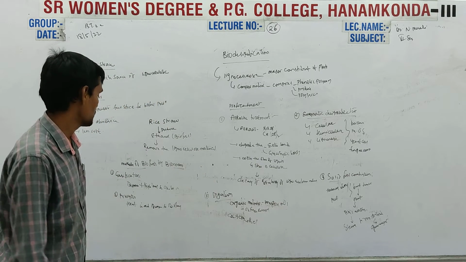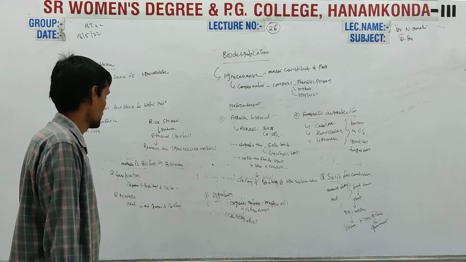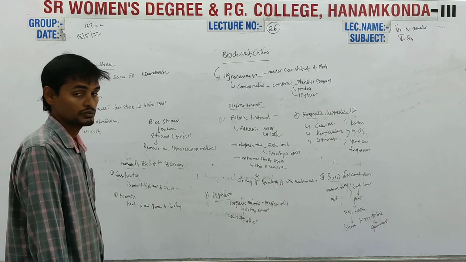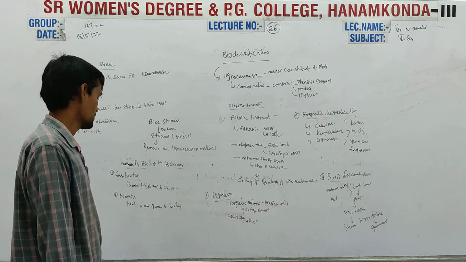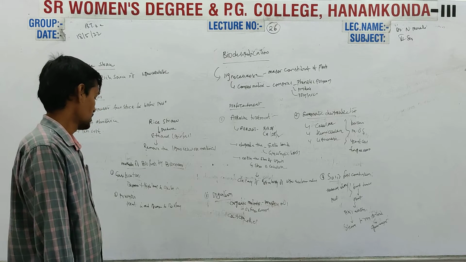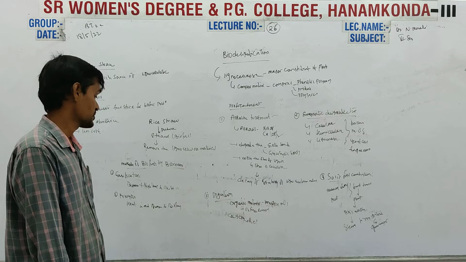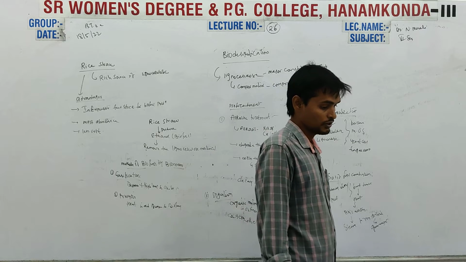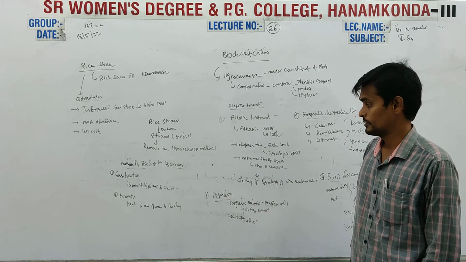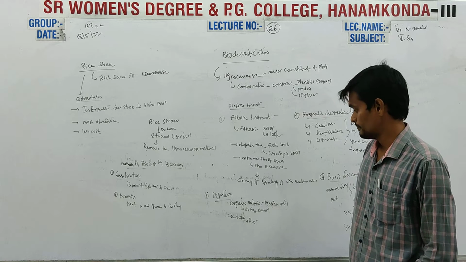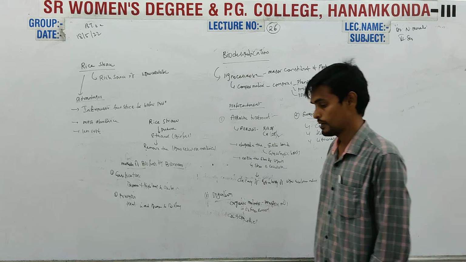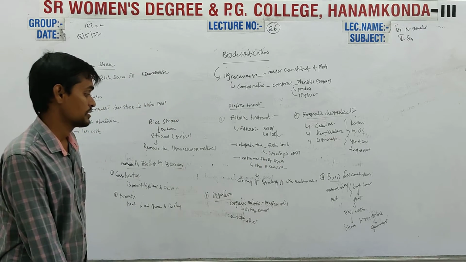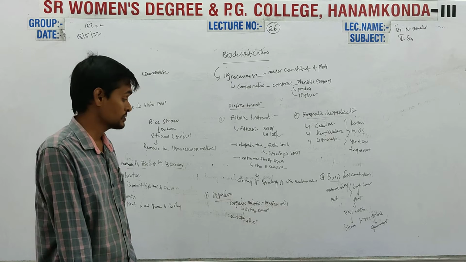So the methods for the conversion of biomass into biofuels: the first is gasification, exposing biomass to high temperature and low oxygen levels. Next, pyrolysis, where heat is used to convert biomass into biofuels. Next, digestion, where organic material is digested by anaerobic microorganisms in an oxygen-free environment, which produces CO2 and methane as end products.